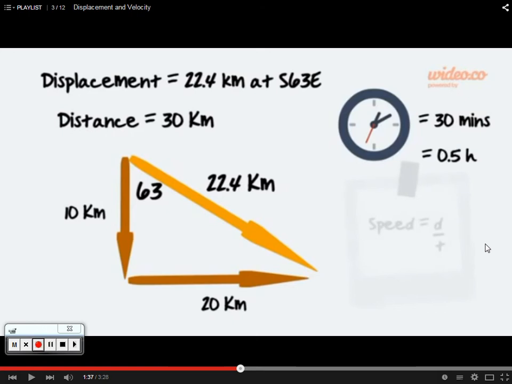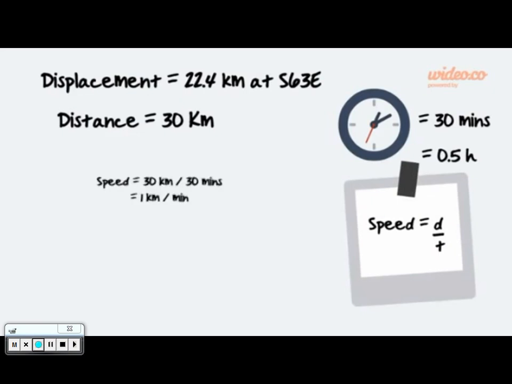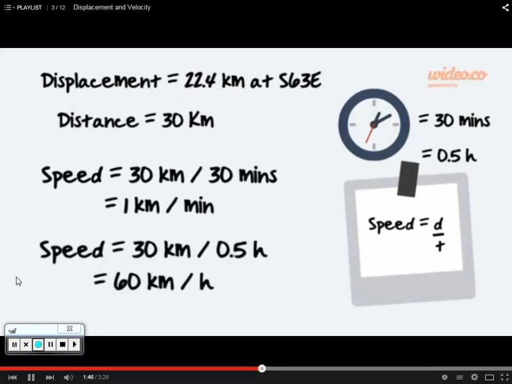Don't forget though that we could have it in kilometres per hour or metres per second. They're all different versions of speed. So you might have to change the time from hours to minutes, minutes to hours, and so on. Remembering speed is just distance over time, your distance travelled, so it's 30 kilometres for 30 minutes.